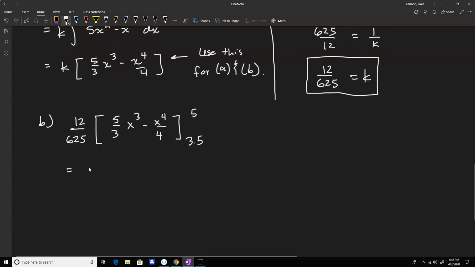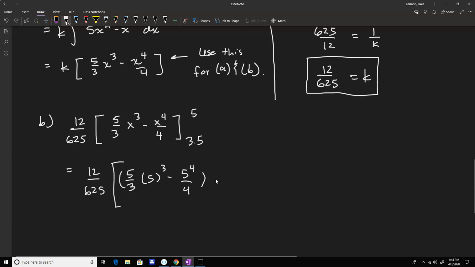I don't know how much accuracy they require here or if it comes out very nice, but I kind of just do it all at once. So continuing, we just plug in 5 for x first. So we get 5/3 times 5 to the 3rd minus 5 to the 4th over 4, which we already know is 12 over 625, but anyhow.